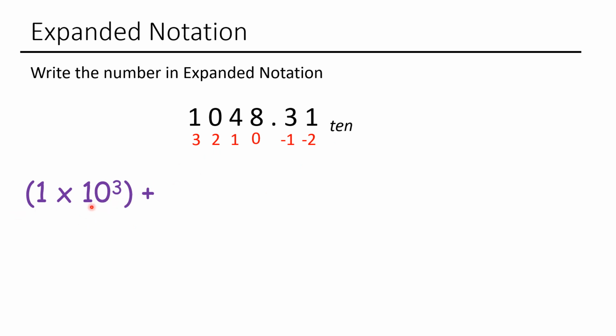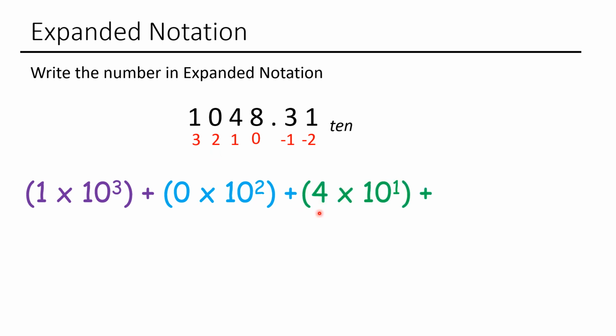So that's where all of these numbers come from. We're going to add each place value together each time. Okay, so the next set would be 0 times 10 to the second power. And again, 0 times 10, base 10, to the second power, which is the second place value.